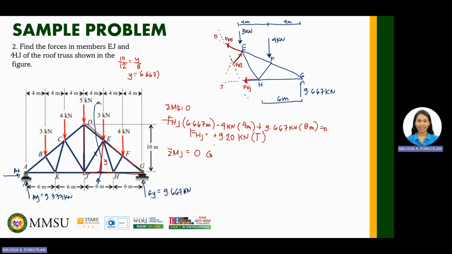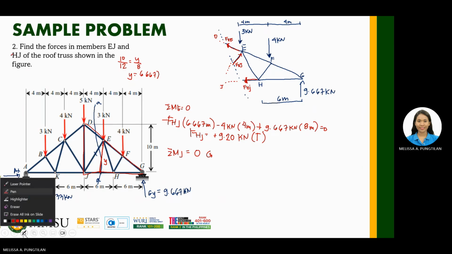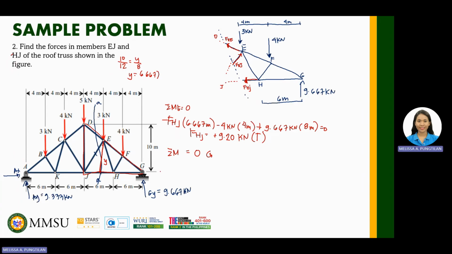Counterclockwise positive. Okay. Pag nag-moment tayo sa point J, lutang, EJ pala yung hinahanap natin. Sorry. Kasi pag nag-moment tayo sa point J, cancel out si EJ, di ba? Iyan yung hinahanap natin. Mali. Erase natin yan. Okay. So, taking the summation of moment at point D. Okay.